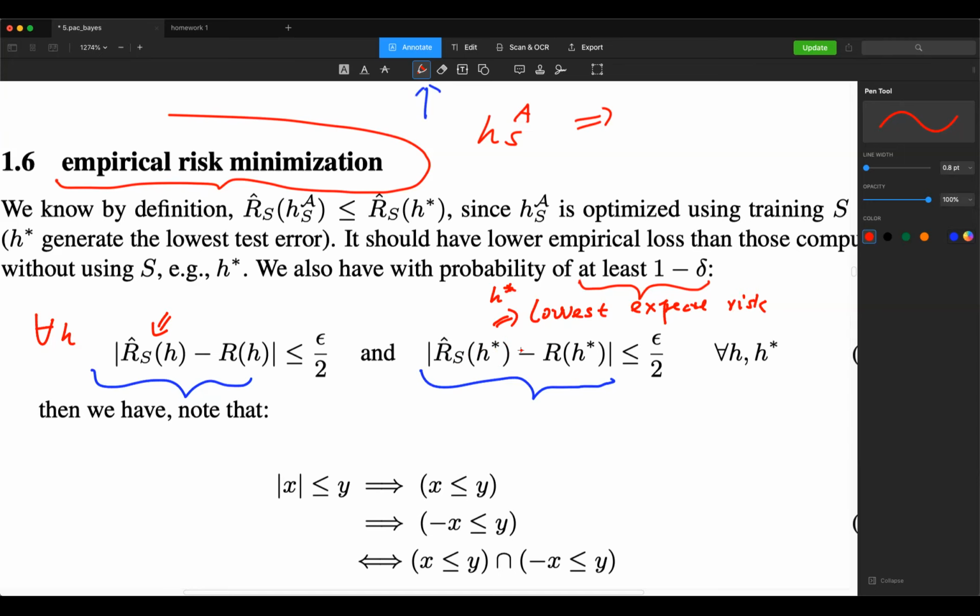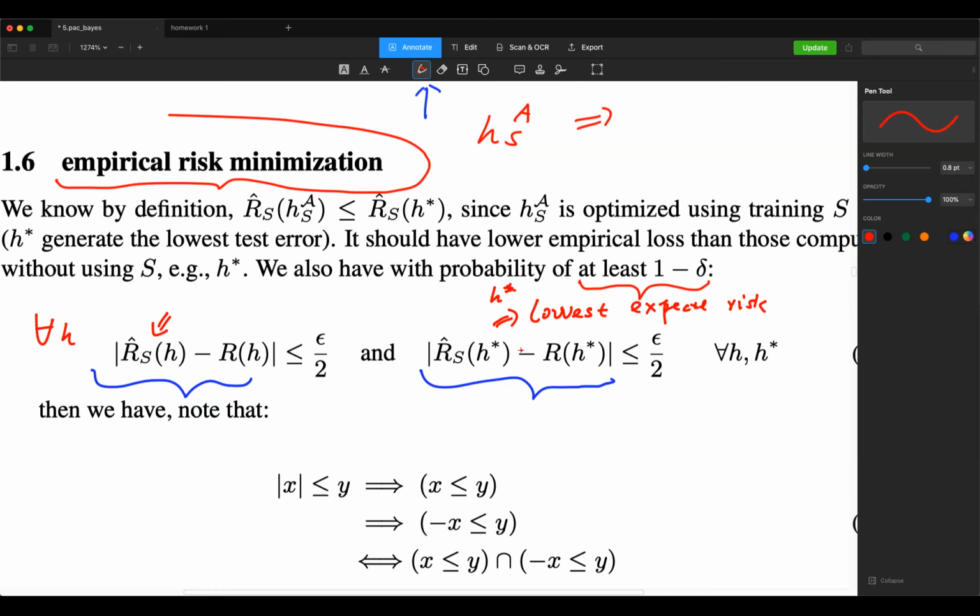So is this term going to be very low? No, not necessarily, right? H star minimizes your expected risk, but there's no guarantee that you will be minimizing your empirical risk. Maybe if you look across the whole range of data, yes, that's going to give you the lowest expected risk, but your data might be here.